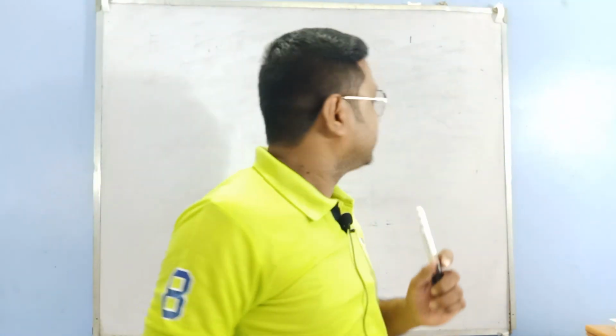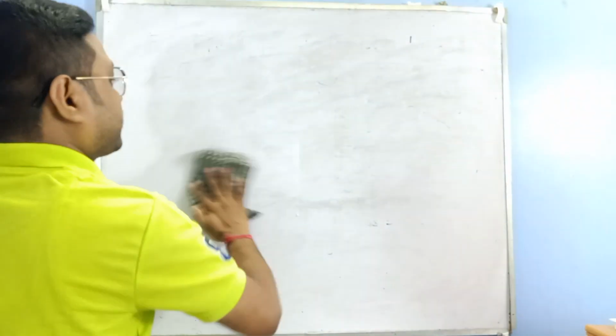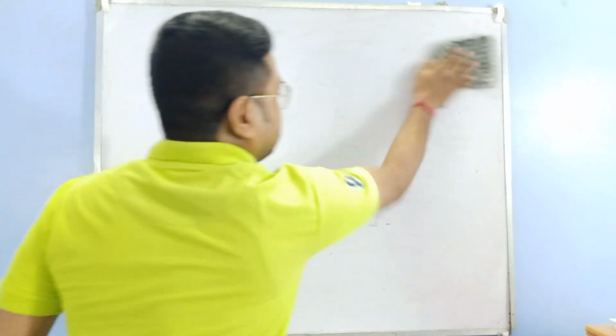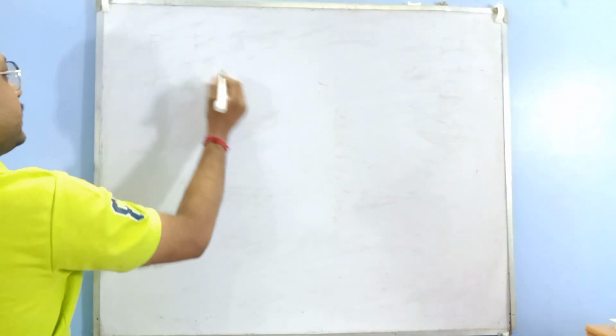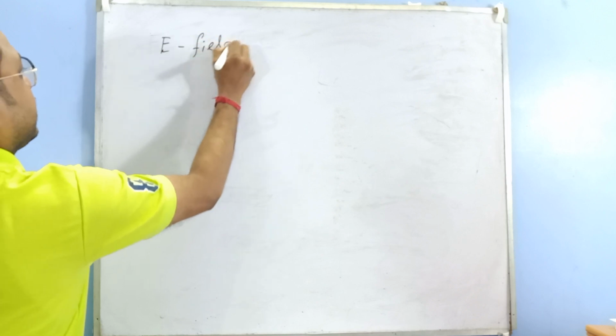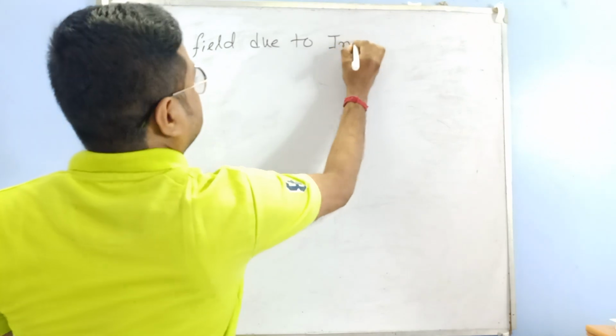An infinite sheet means a sheet which is very large in size with respect to its dimension. So the next point is electric field due to an infinite sheet.